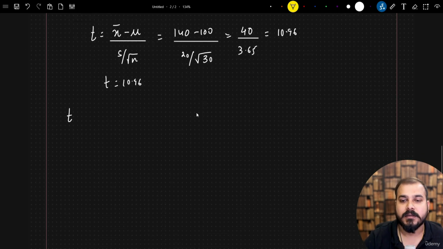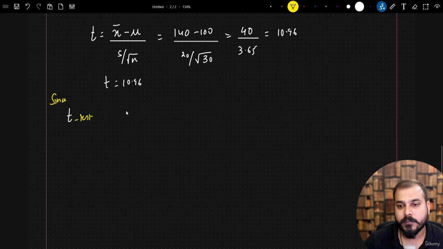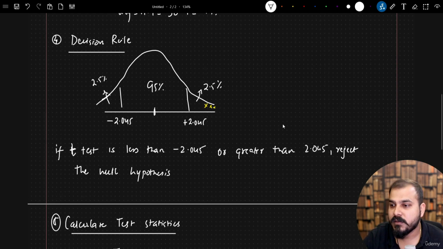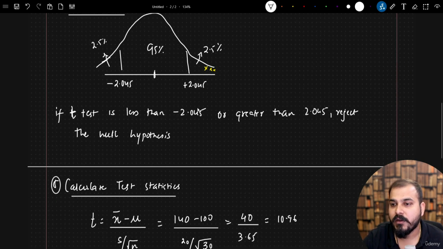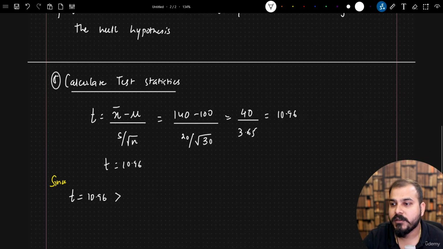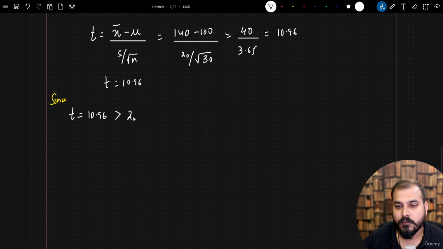So here I can write, since my t value, t is equal to 10.96, is greater than 2.045, it falls in the extreme end, the rejection area, right?